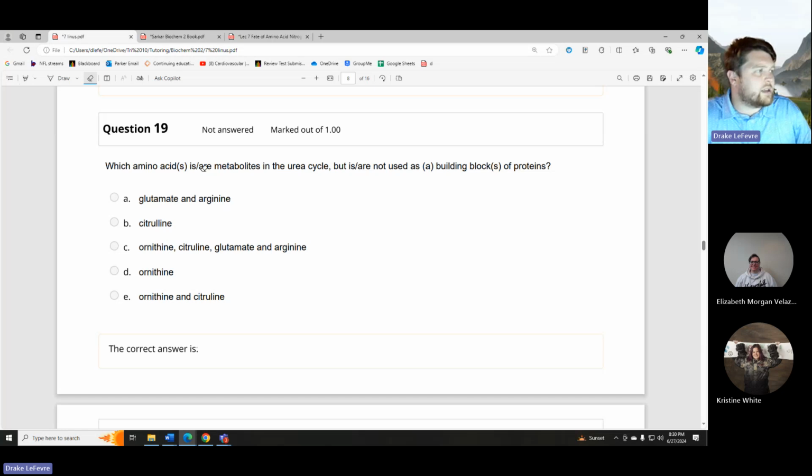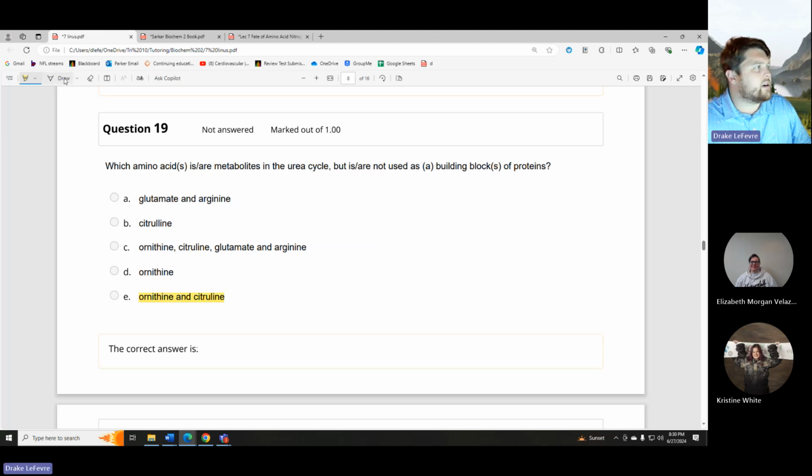Which amino acids are metabolites in the urea cycle? So we're looking to see which of these are in the urea cycle itself, but are not used as a building block of proteins. Ornithine and citrulline. Good.